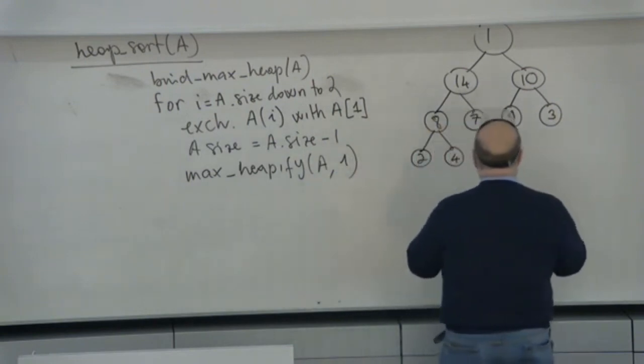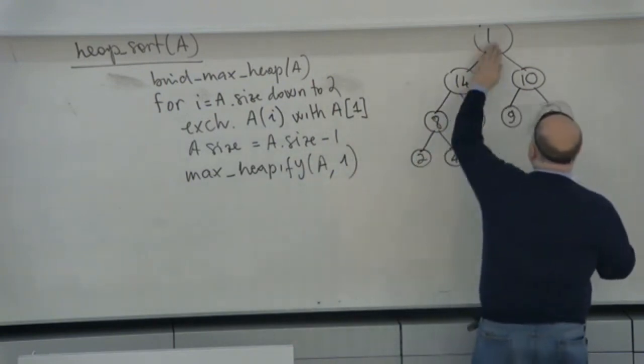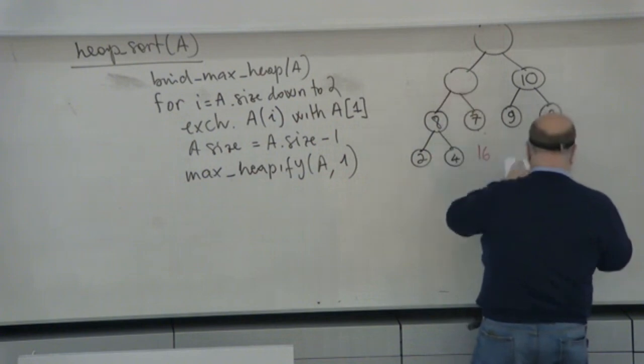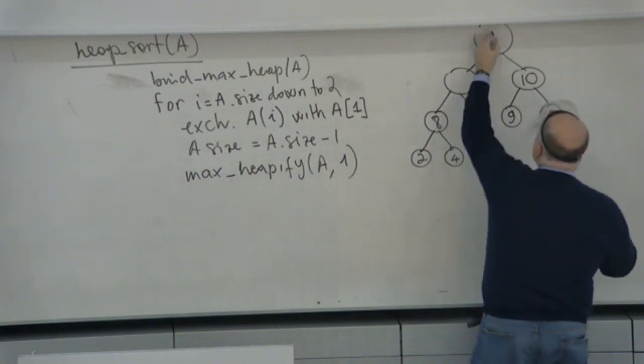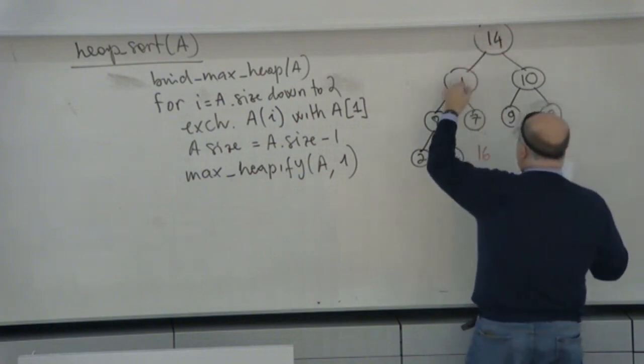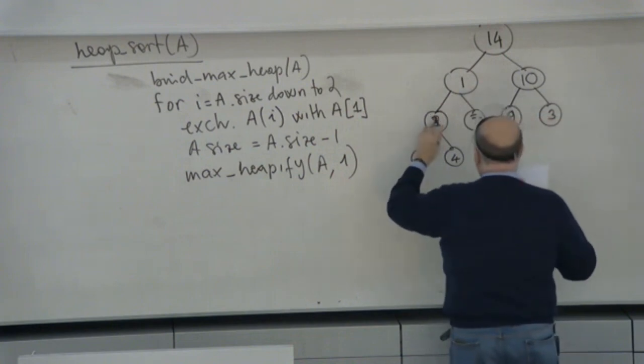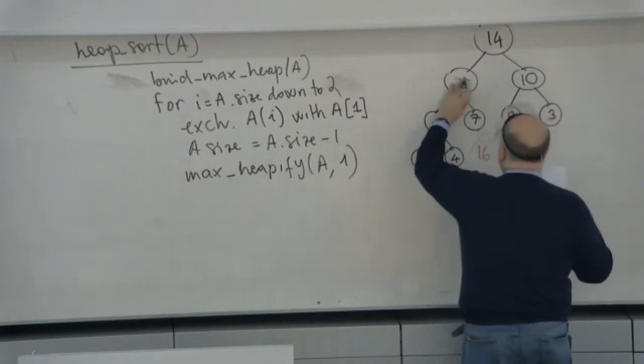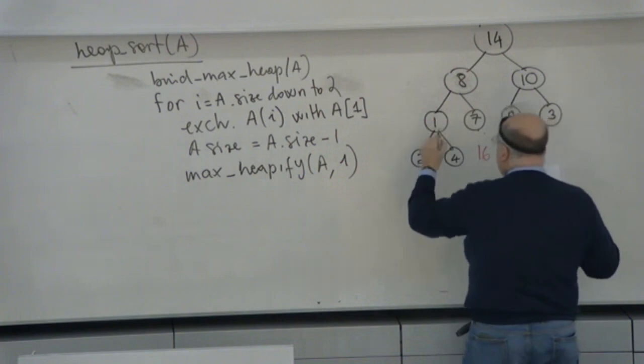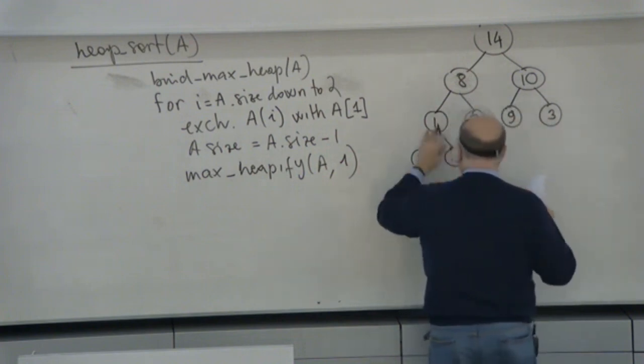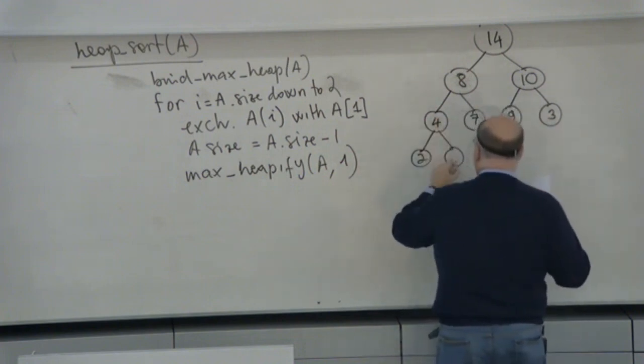Let's see. So you get a 14, so 1 goes down. You get a 14 here. You get a 1, and then you swap 1, 8, and 7. You have 8 and 1, and then you have 4 and 1.